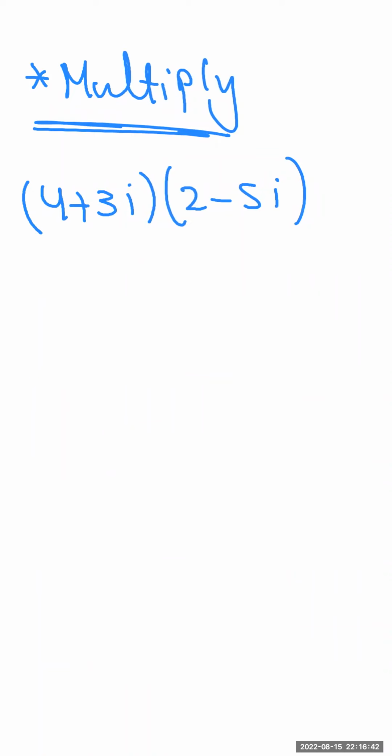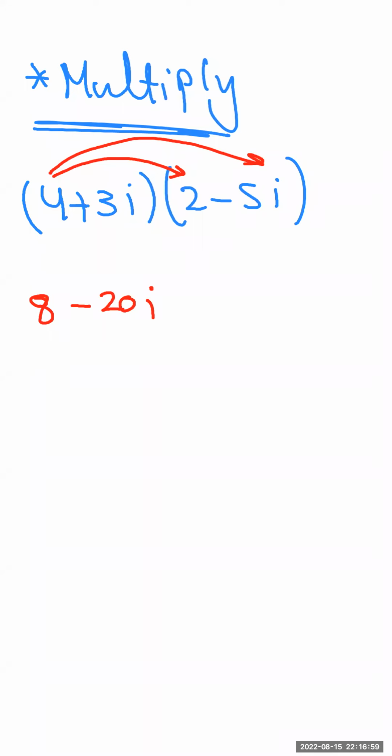So now it's very easy to solve it like this. Just multiply this one by the first number and this one by the second number. 4 times 2, 8. 4 times a negative 5, negative 20i.